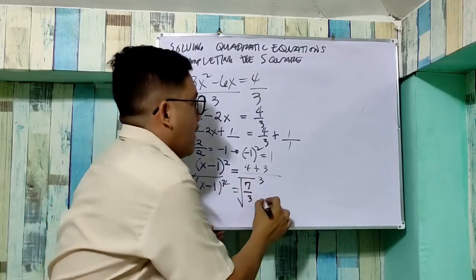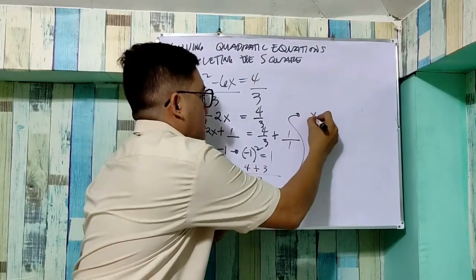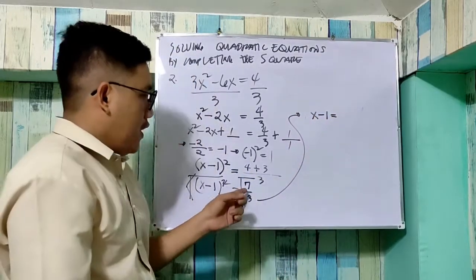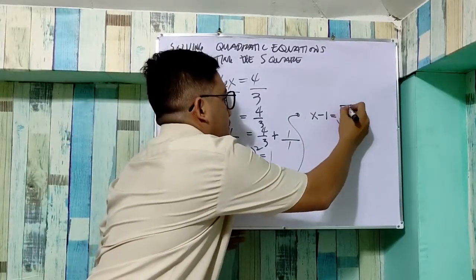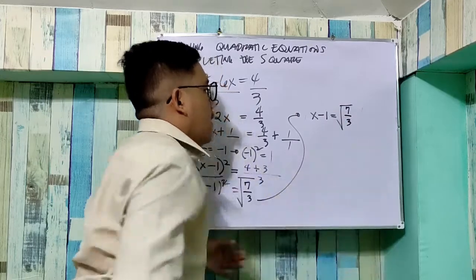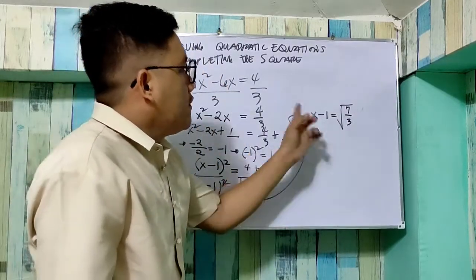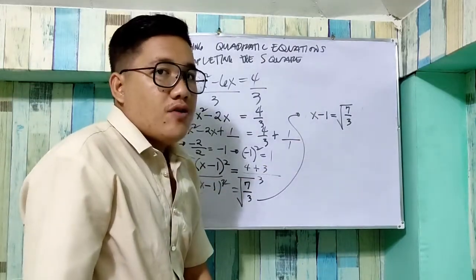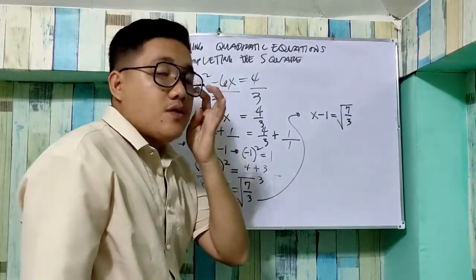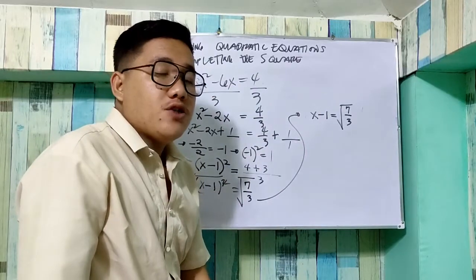Extract the square root. So, x minus 1 is equal to plus or minus square root of 7 over 3. Okay. So, we are going now to remove negative 1. To remove it, we're going to apply the addition property.